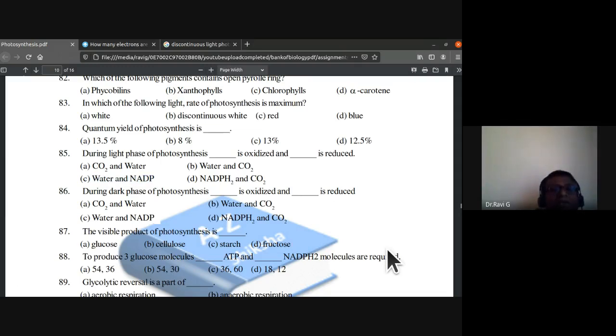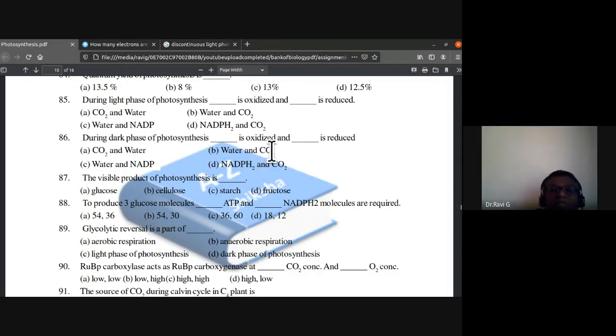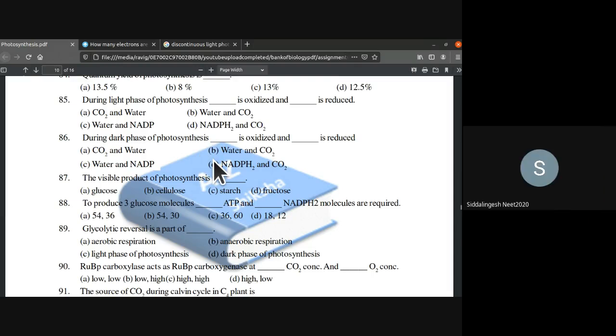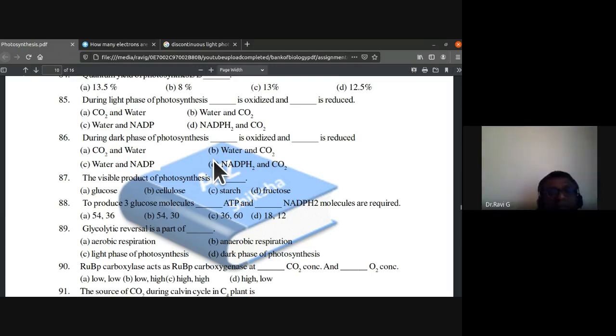86, during dark phase of photosynthesis, it is not the light phase, dash is oxidized and dash is reduced. Again, what is the answer? During the dark phase of photosynthesis, there is no water. So we have to check that.